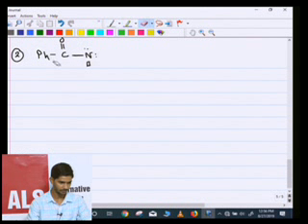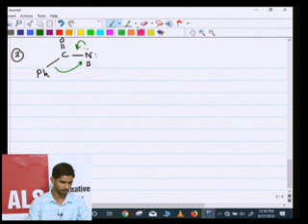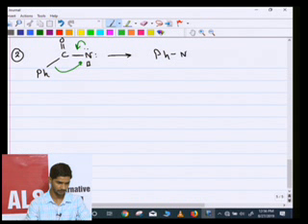Remember, this can be written like this, and it will attach to this nitrogen, and this electron pair will shift over there, and after that it will look like this: PhN double bond C double bond O. In the next step, there will be OH minus.